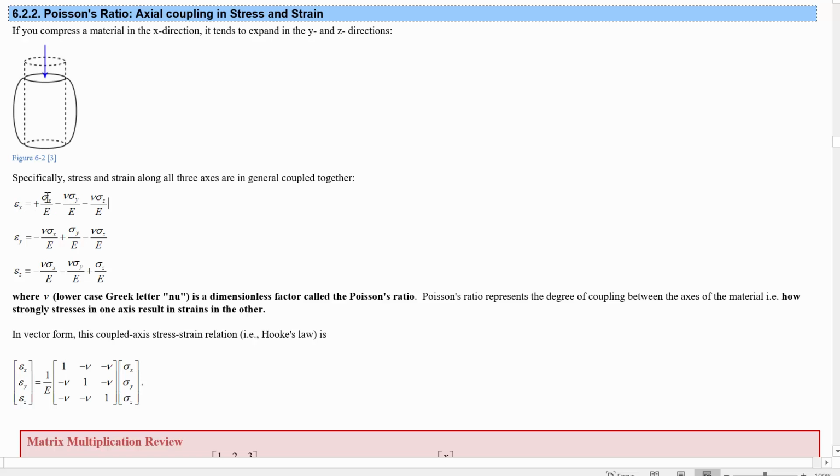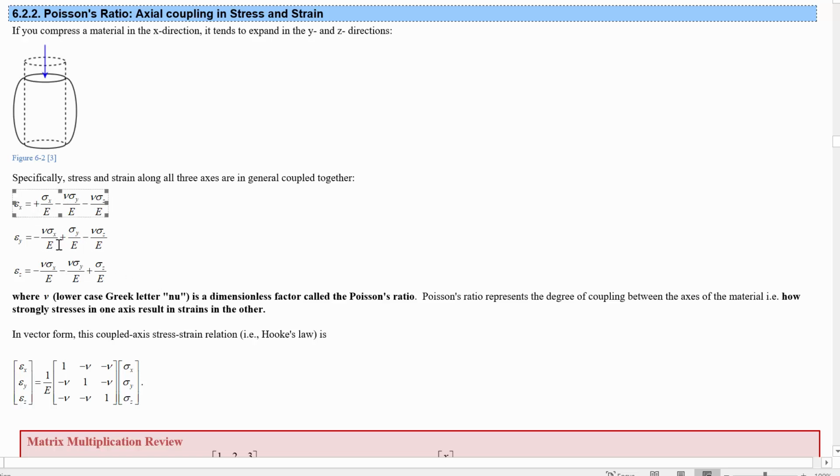To get it to expand in x by using an x stress, you have to pull on it, tensile stress in x, positive strain. But if you only have access to the y dimension and you want to expand it in x, you don't pull on it in y, that'll make it shrink in the x direction. What you could do is push on it in the y direction. And then same thing in z. If you push on it in z, it'll also expand in x. So the Poisson's ratio is the coupling from one axis to another.